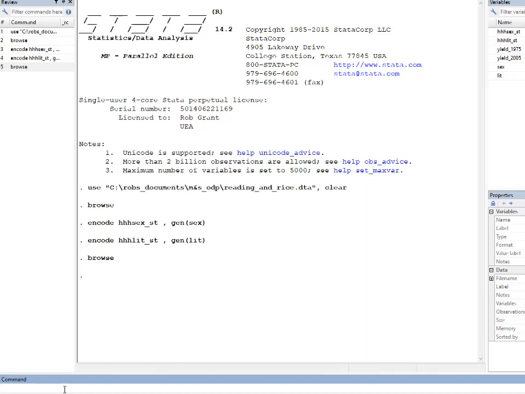So what we want to do is a 2 sample t-test. So we're going to test the yield in 1975. If you press tab, it gives you everything that starts with yield. So I want 1975. So I'll look at the old one first. And I'm going to do it by sex.